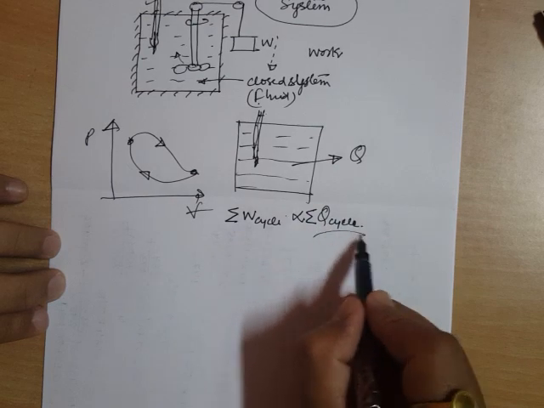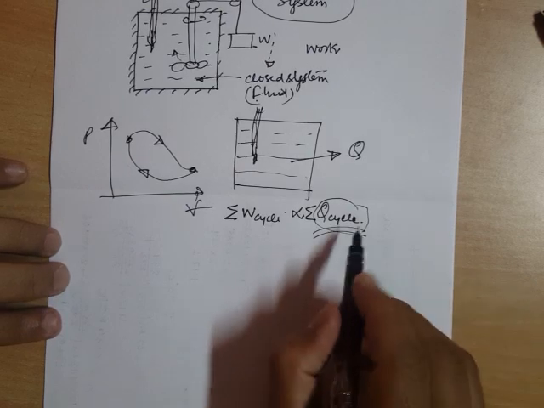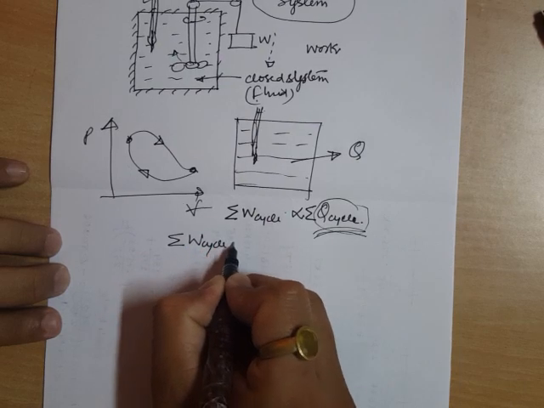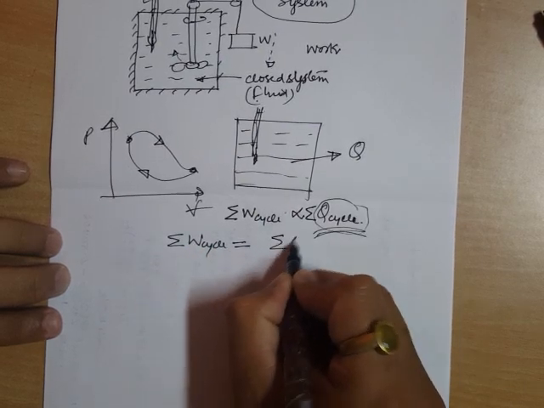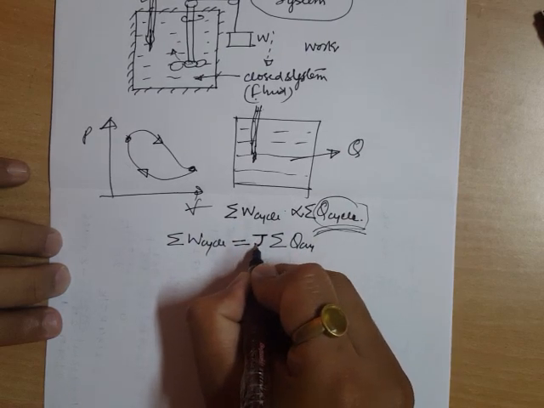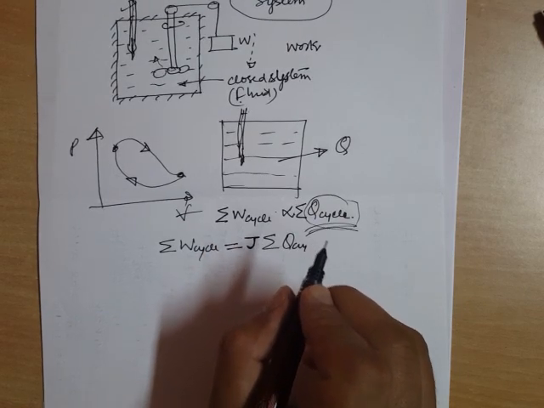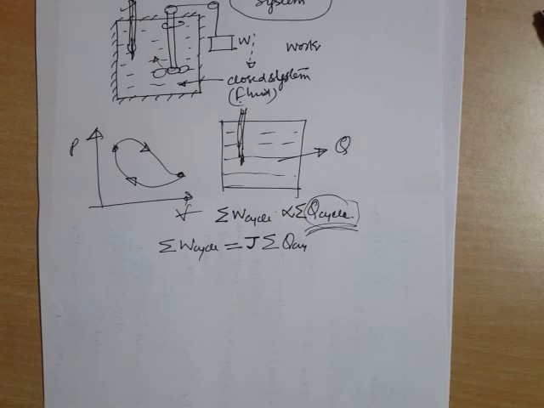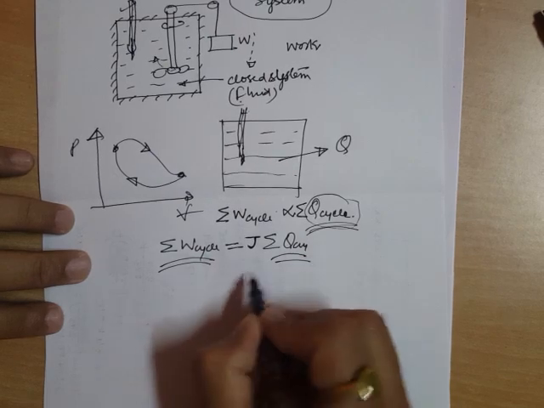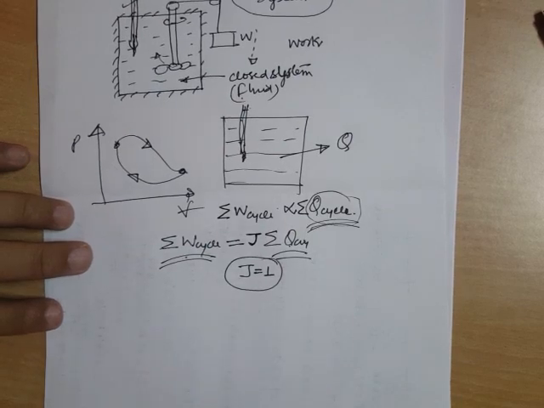In primitive days, people used to talk of the caloric theory of heat, so calories. So this cyclic work will be equal to cyclic heat transfer, but with a proportionality constant, which is known as Joule's equivalent or the mechanical equivalent of heat. But when we talk of SI units, this J will be 1, that is joule, kilojoule.